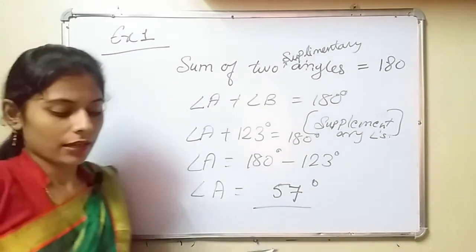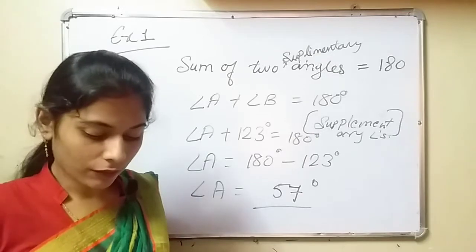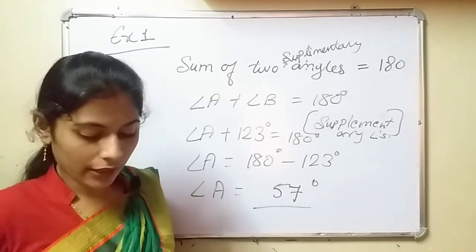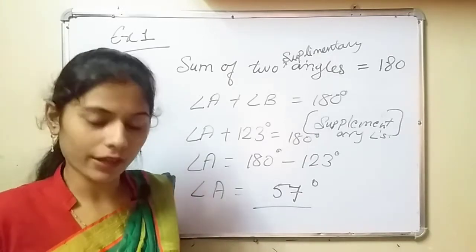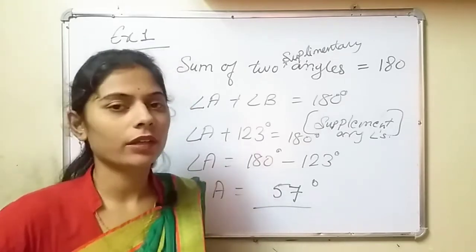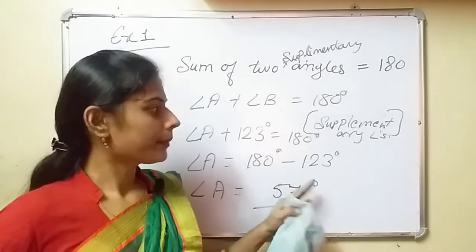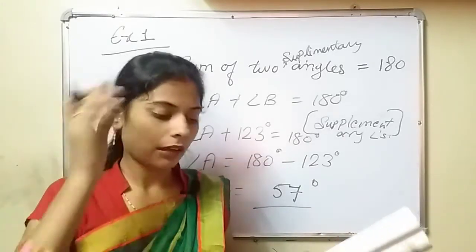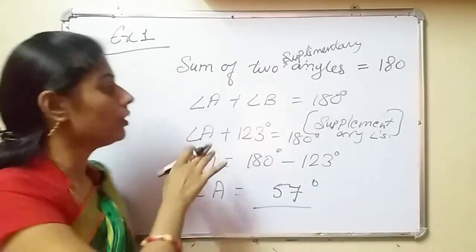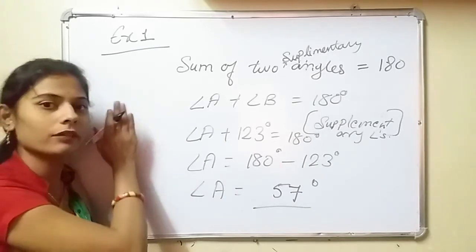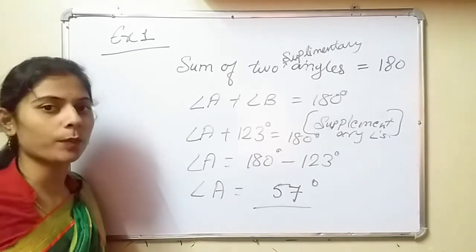Okay. Now see in example number first, here angle 1 is equal to 123 degree and angle 2 is the supplementary of angle 1. If you solve by that method, then you will not understand this. So solve by this method, it is very easy. Solve this example also in your classwork copy. Okay.